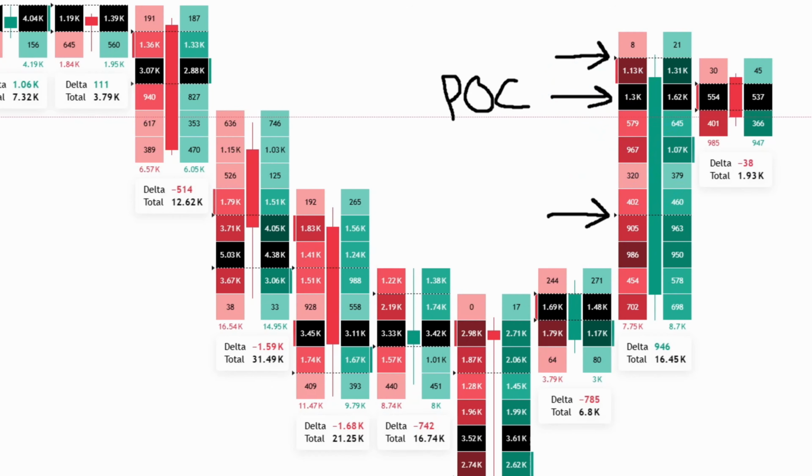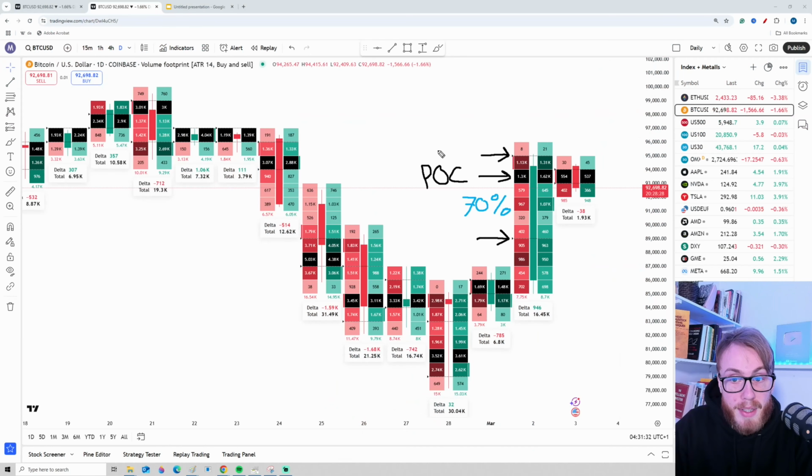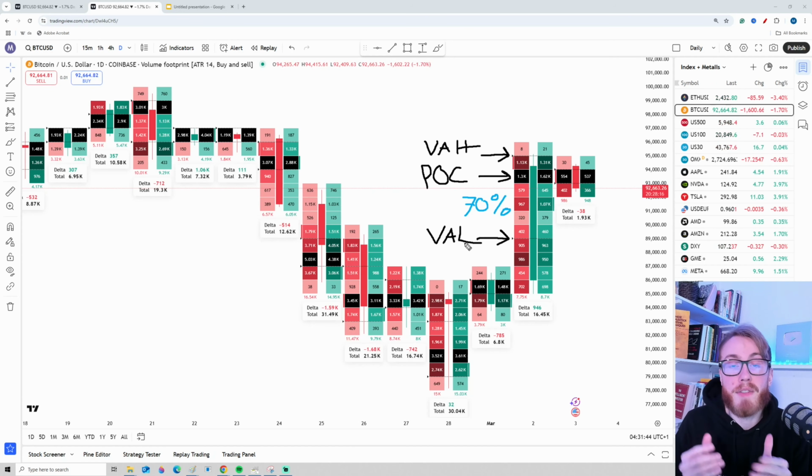In this area, 70% of the total volume in that candle got traded. The upper limit of this area is known as the value area high, or VAH for short, and the lower limit is known as the value area low, or VAL for short.